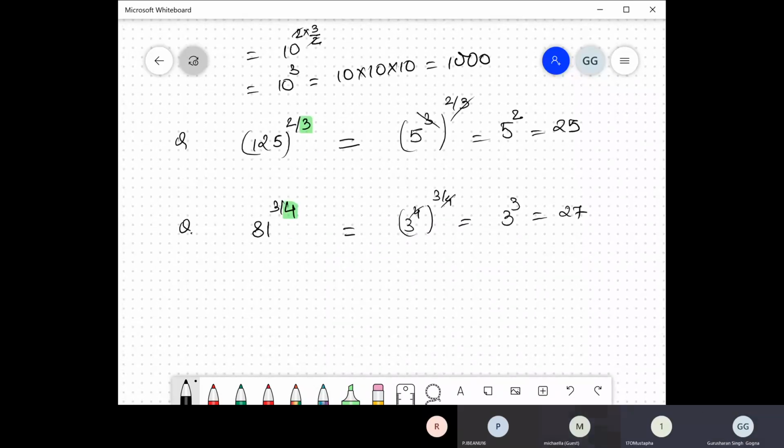Okay, let's try another one. 8/27 to the power 2/3. What will you do now?